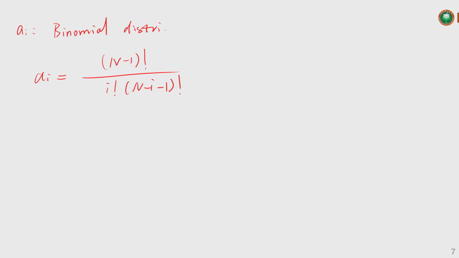So this is a binomial distribution, and we want it to reduce side lobes.